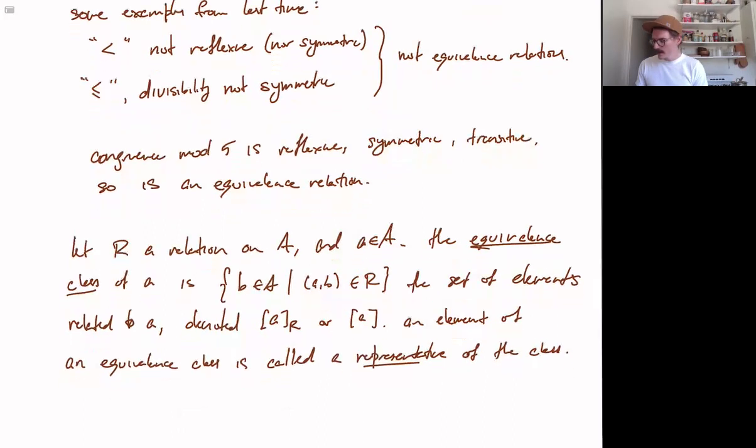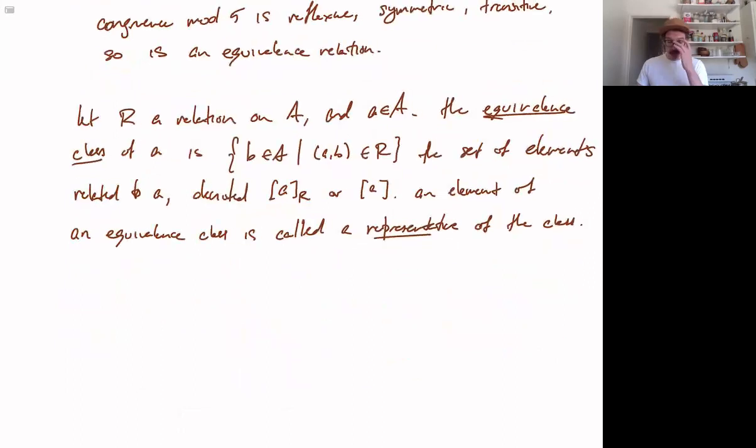So let's look at some examples with our good old congruence mod 5. This is a relation on the set of integers.